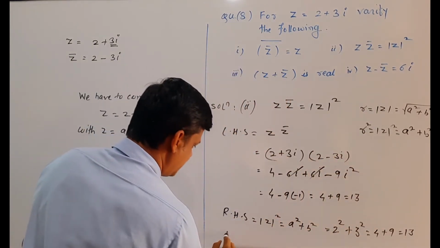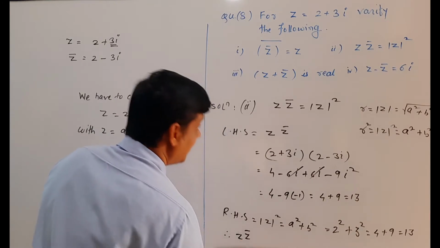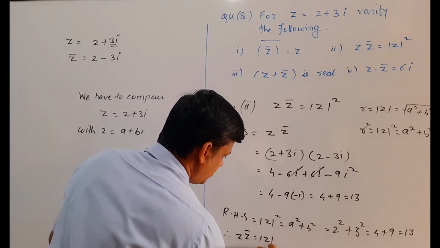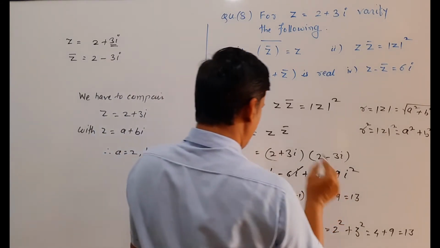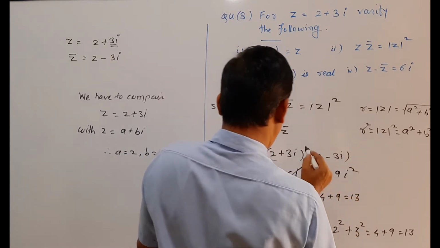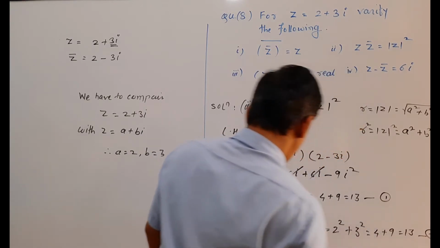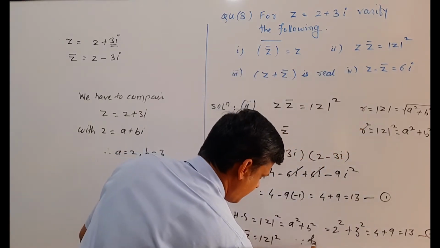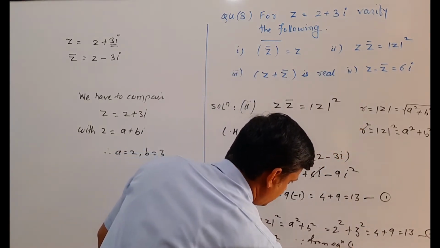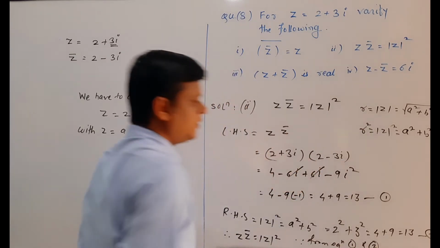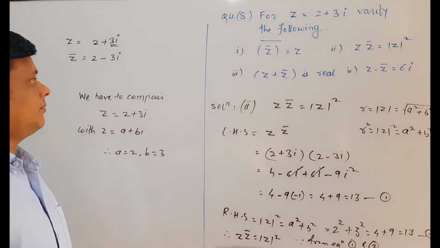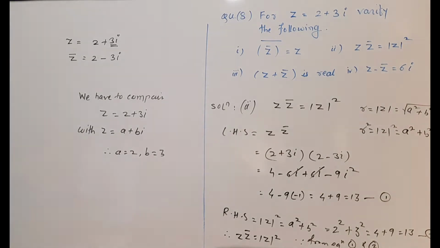So from this we say that z into z bar is equal to the modulus of z, its square. You can denote this as equation number 1 and this as equation number 2. From equations 1 and 2, in this way you can solve question number 2.